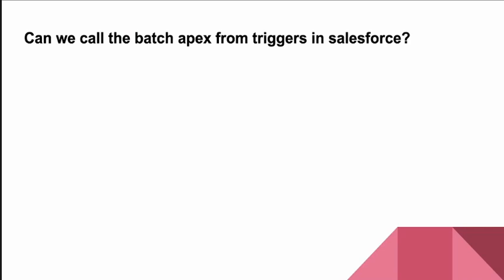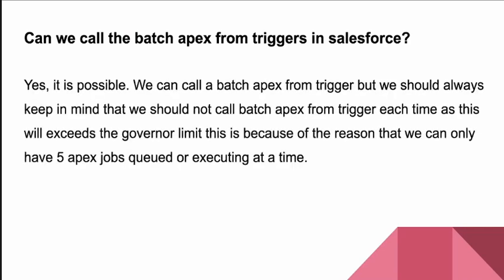Because every time the trigger runs, if you call a batch, it will take all your resources, so that's not recommended. Also, we can only have 5 Apex jobs queued or executing at a time. Right. Got it.